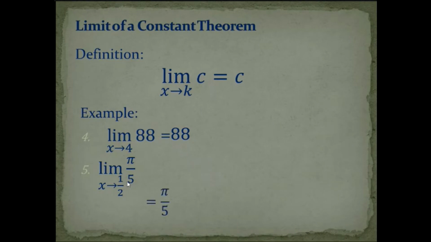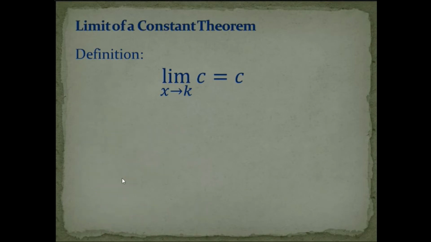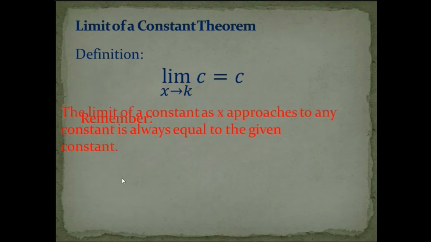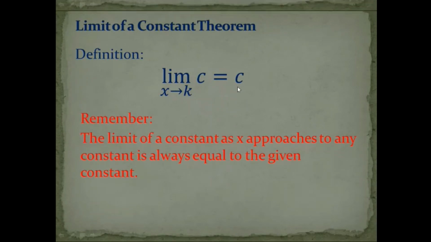Okay, the correct answer is pi over 5. What is the limit of square root of 2 as x approaches 3? Okay, naintindihan nila yung theorem number 1. Let's proceed. You have to remember that the limit of a constant, as x approaches any constant, is always equal to the given constant.